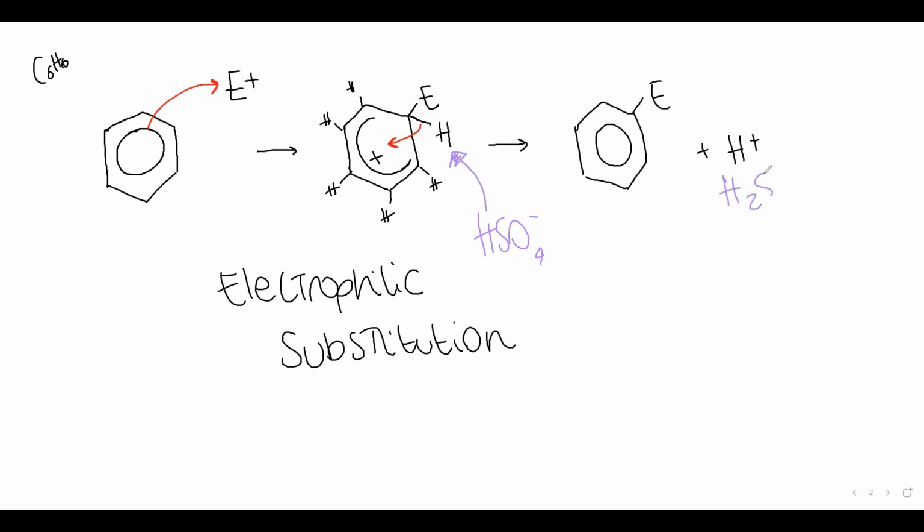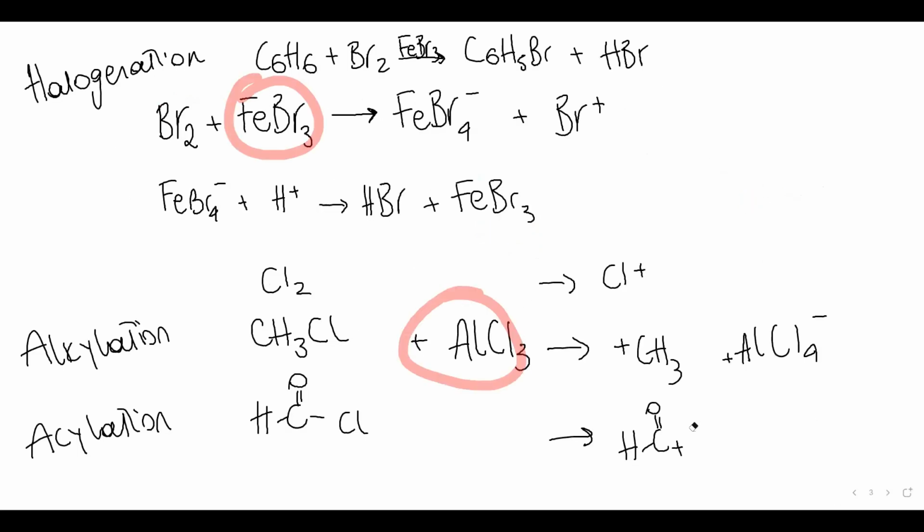The catalyst, H2SO4. So the catalyst reforms at the end by taking away that hydrogen. And that's why it's useful to see how it's reformed, but also how it really works in terms of charges.